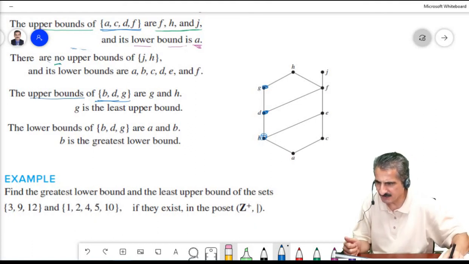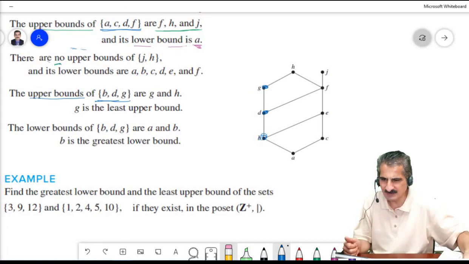The upper bounds of B, D, and G, we can decide it is H only.